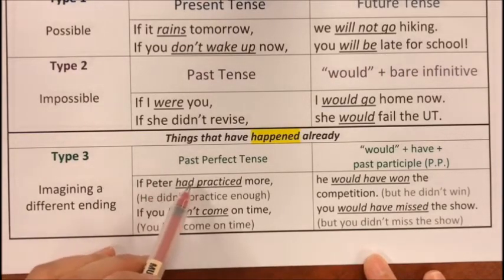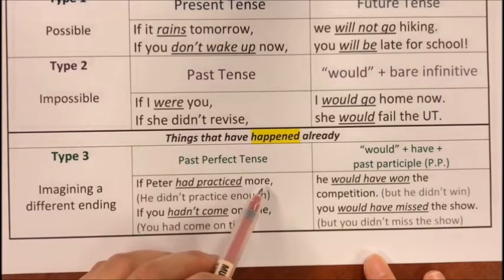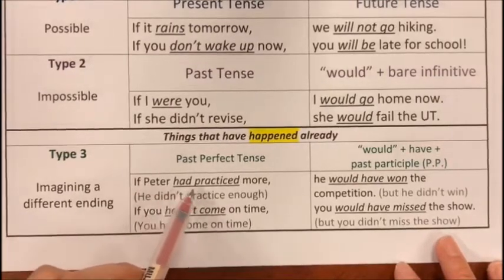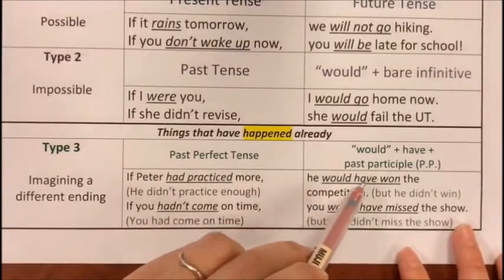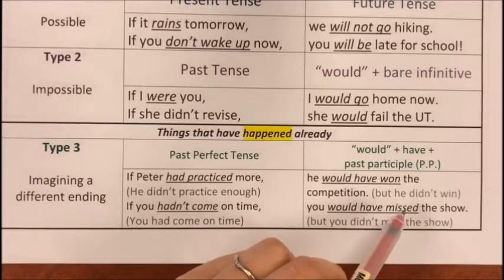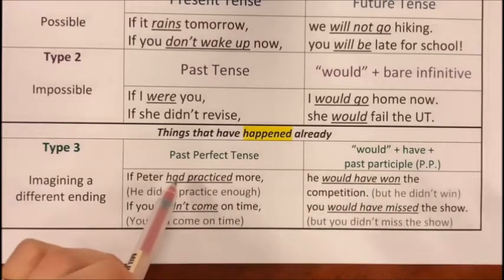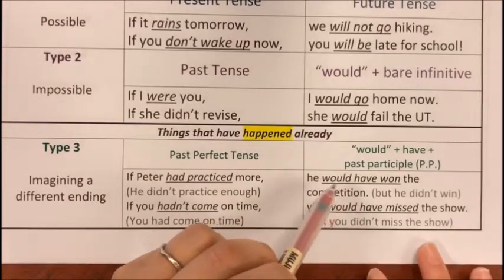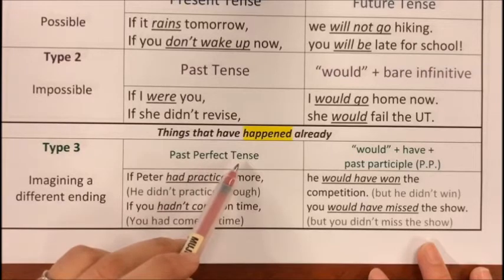If Peter had practiced more. If we say this, it means that he actually didn't practice enough. But if he had practiced more, he would have won the competition. But in reality, he actually didn't win. It's just that if we imagine he had practiced more, the result will be different. And we'll use past perfect tense.